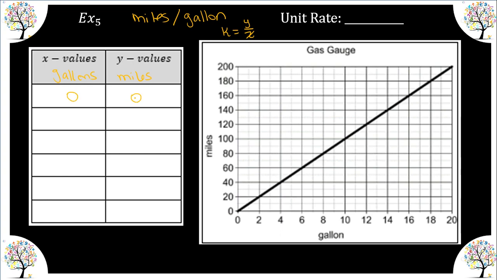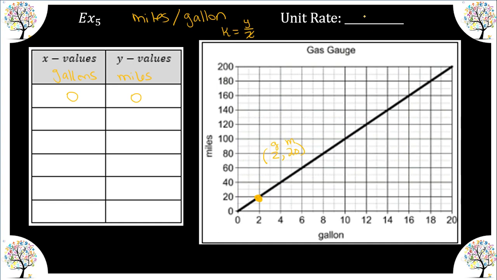I'm going to start with 0 gallons. I go 0 miles. Okay, let's pick any ordered pair. So I'll just pick, this looks nice. So this ordered pair, 2, 20, we have gallons and we have miles.